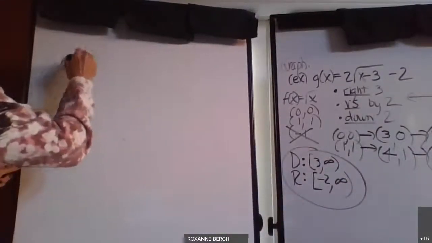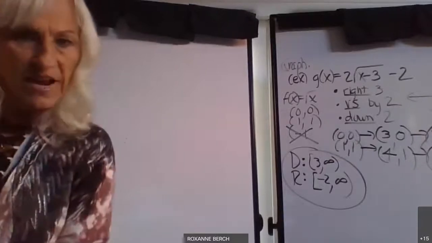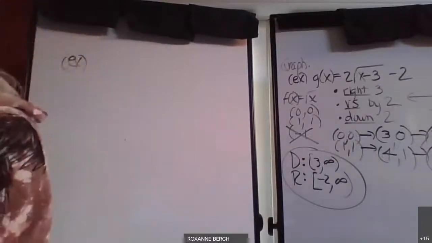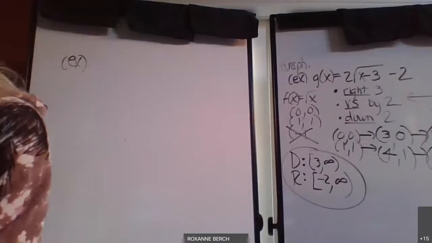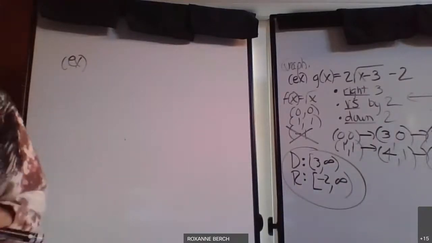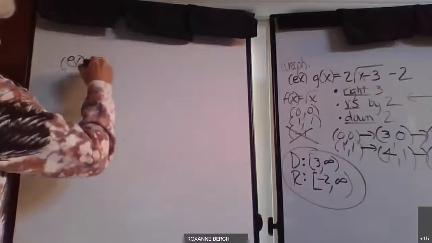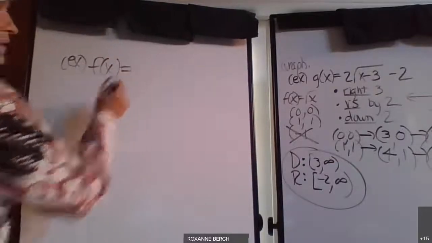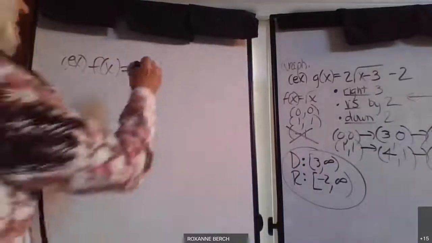All right, now, in lesson 10.3, we're going to be talking about cube roots. And you should know how to do those. So I'm going to do a problem. Kind of looks like that one, but it's not.